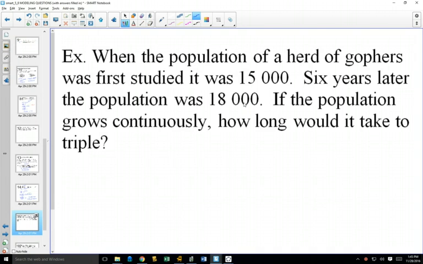So in this one, it's continuous. So we've got this formula for continuous growth. We want to find out how long. The question says how long, so you know that you want to solve for t.